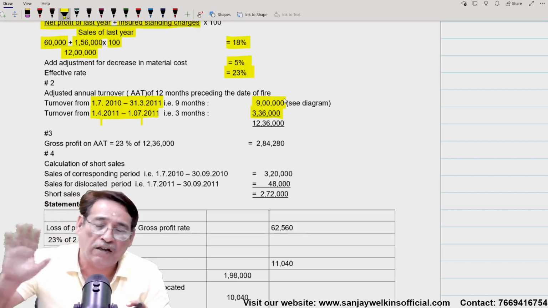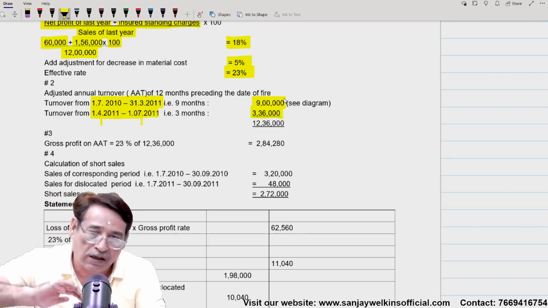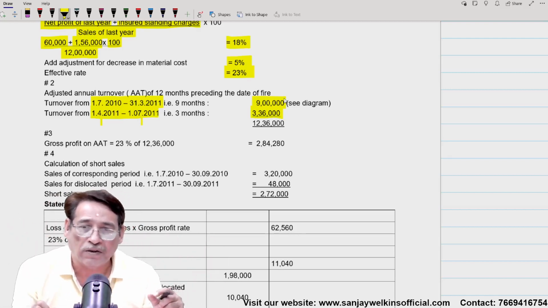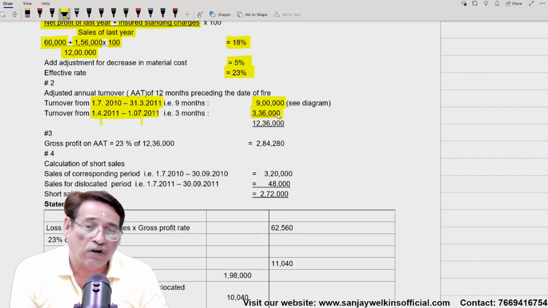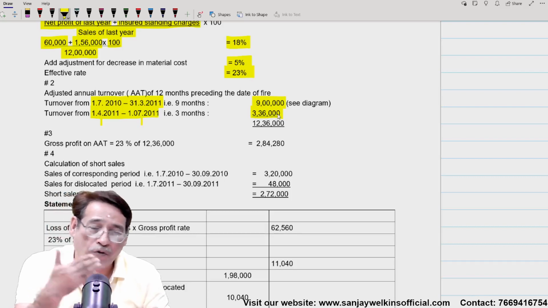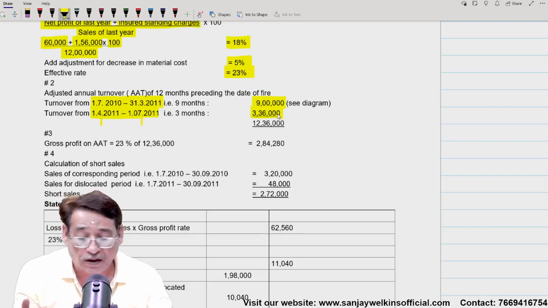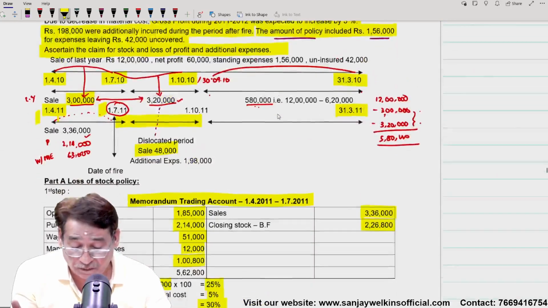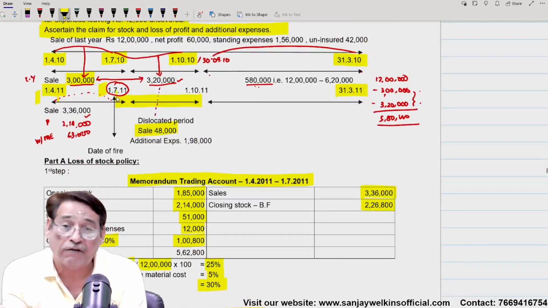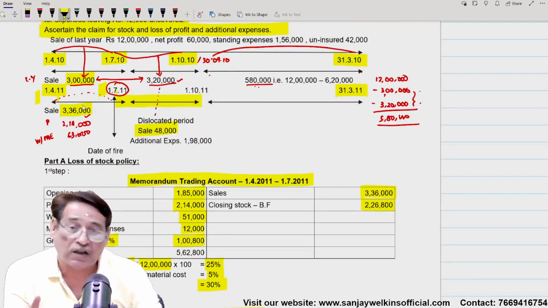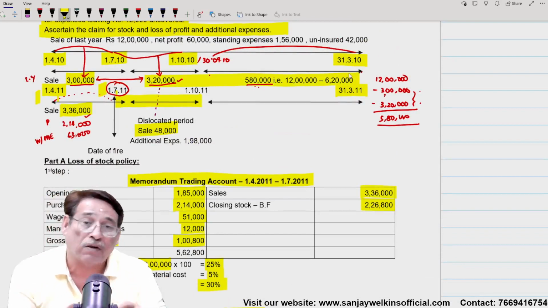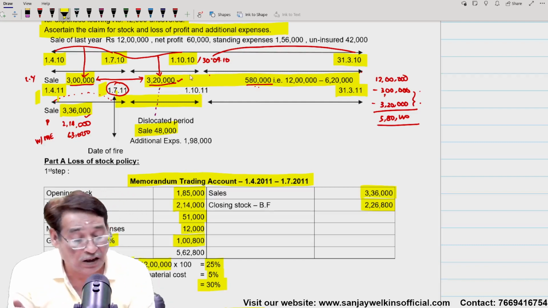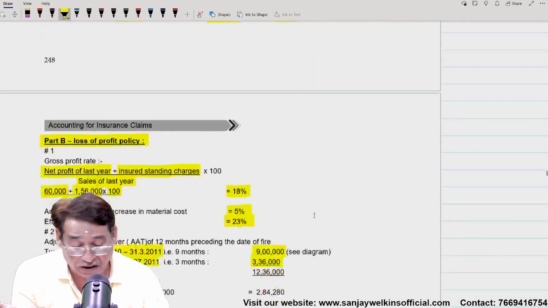You leave aside the first 3 months turnover and take the turnover of the last 9 months, correct? Because the turnover of the first 3 months of the current year is given. Annual adjusted turnover basically means turnover of 12 months preceding the date of fire. Because our fire has taken place on 1/7/2011, first 3 months turnover is 3,36,000. So we will take the turnover of the 9 months of the previous year, that is 320 plus 580. So that is 9 lakh.